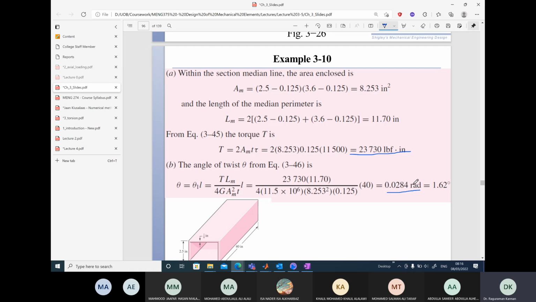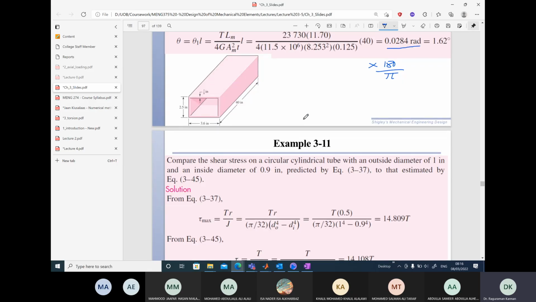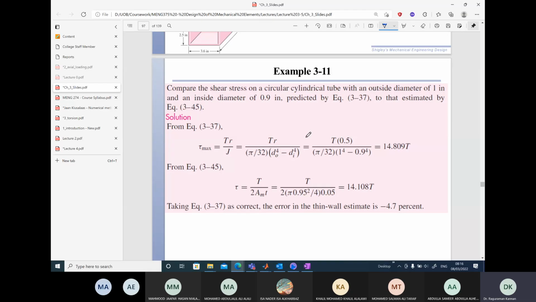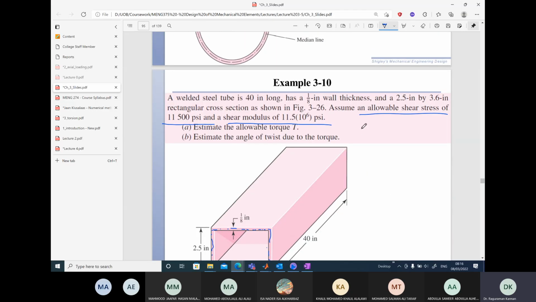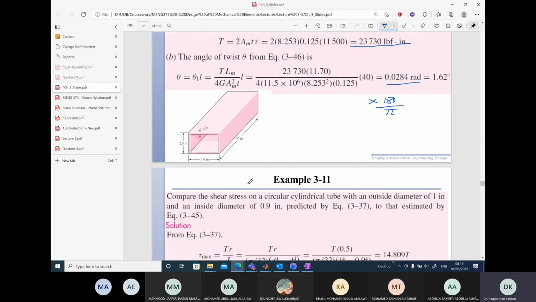If you want to convert that into degrees, then you have to multiply by 180 over pi. That's it. Okay. If you do that, multiply this value by 180 over pi, you will get it in degrees. So what else? Okay, so this problem is done.